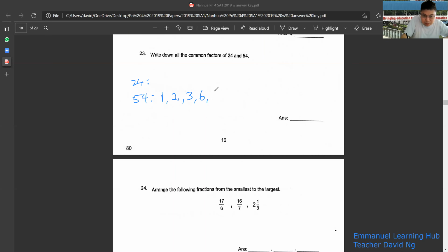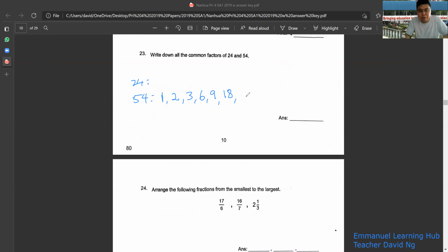Or 9. Then what times 3 gives you 54? 18.